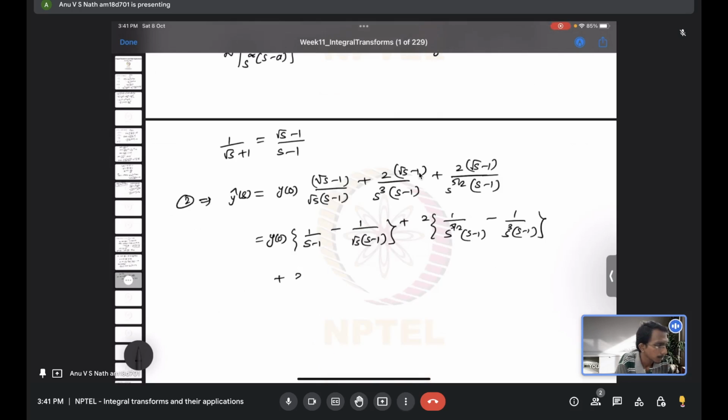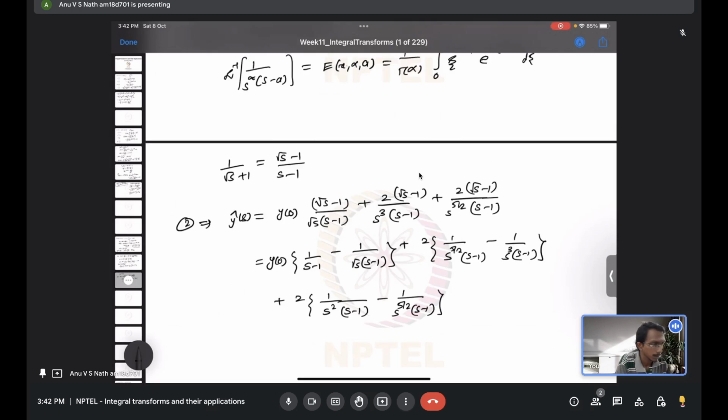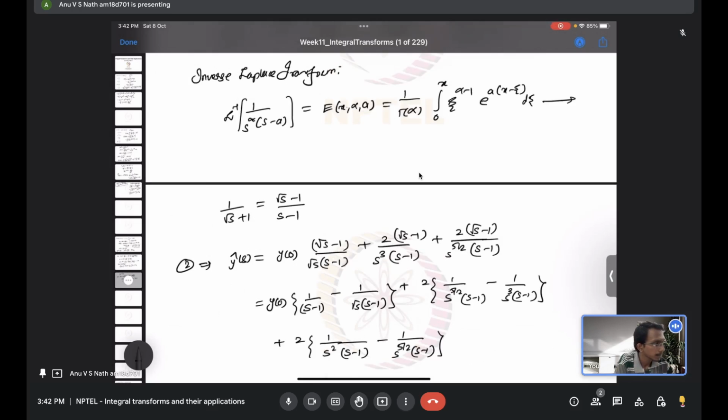Then the last term is 2 into 1 by s raised to 5 by 2 into s minus 1, minus 1 by s raised to 5 by 2, s minus 1. So now you see all the expressions that we need to take inverse Laplace transform of can be represented using this E integral.